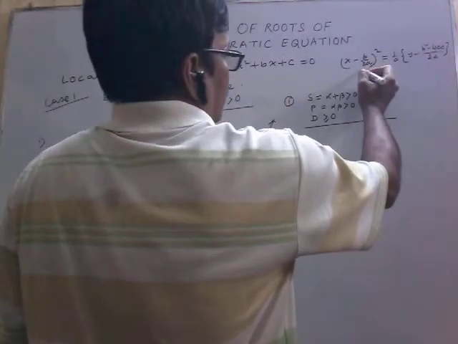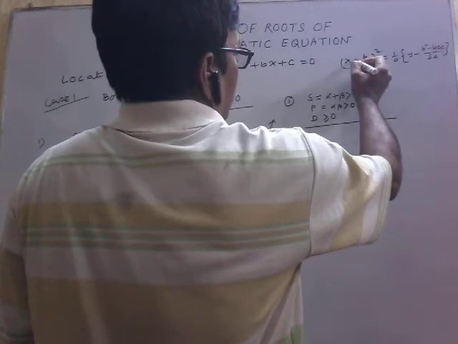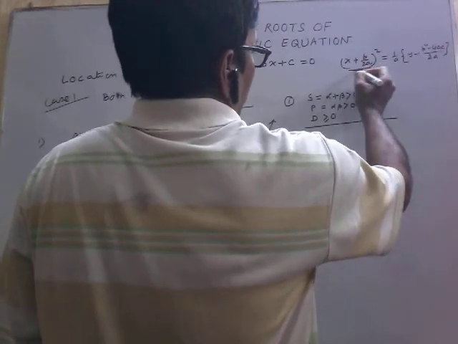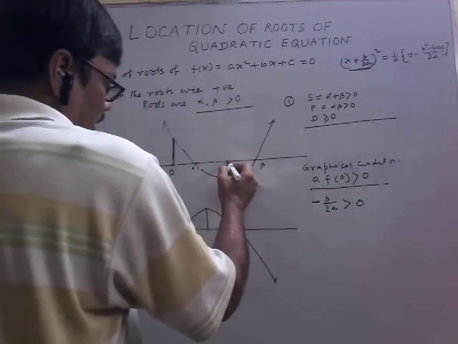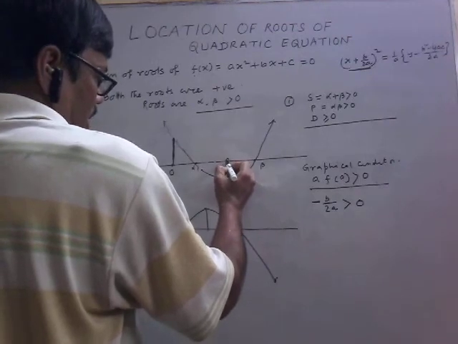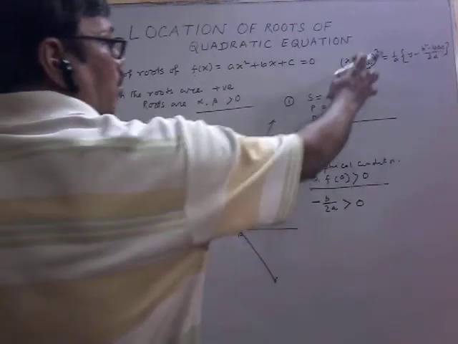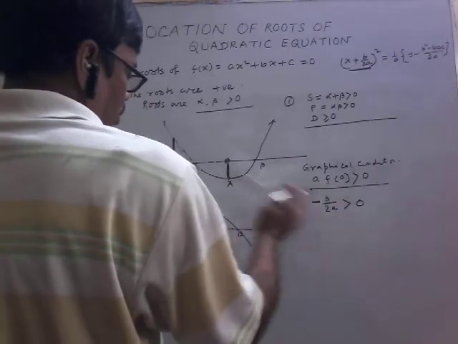What is x? This one is x plus b by 2a whole square. So this is the x coordinate of the vertex, which is minus b by twice a.